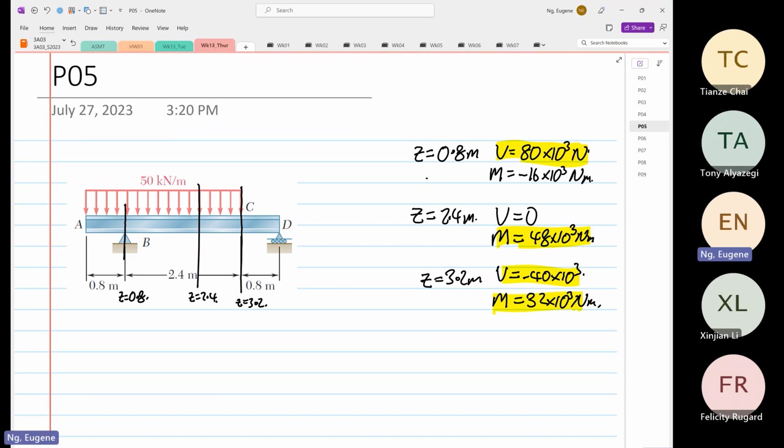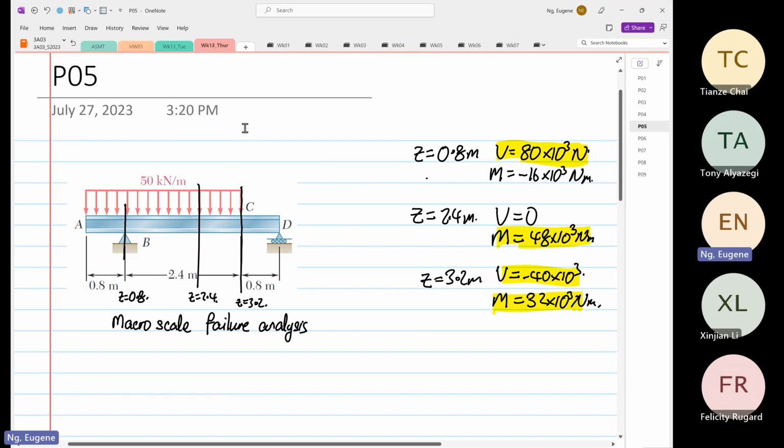Okay, we know that. Now the next thing, so this is what we call macro scale failure analysis. We know failure can occur along those three points.